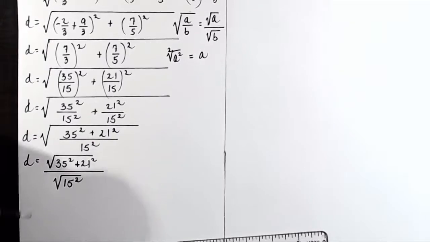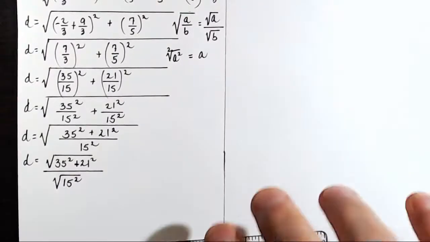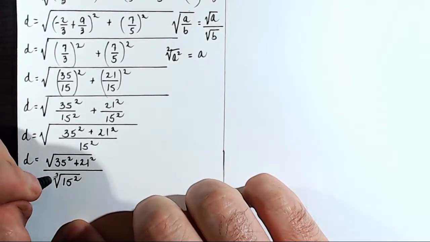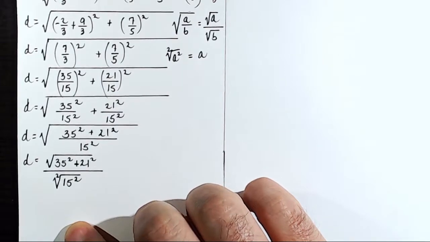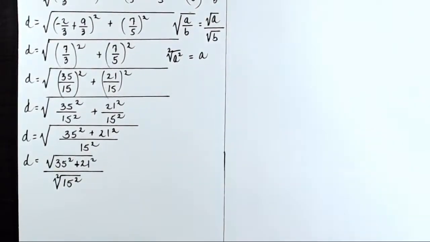So let's exploit that principle. I've got here the second root in the denominator of 15 squared, which means I can eliminate the square root entirely, because that's what happened here with A.